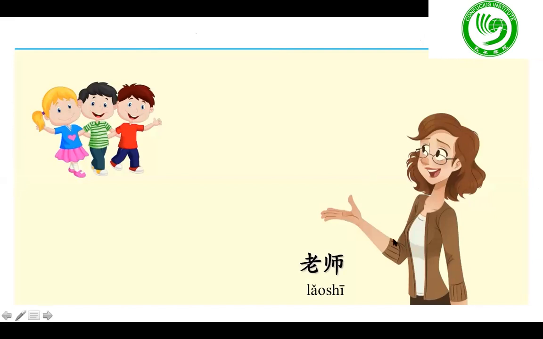She is a teacher. So she is 老师. 老师. Follow me. 老师. 很好 means very good. 很好. If the kids want to say hello to teacher, what do they say?